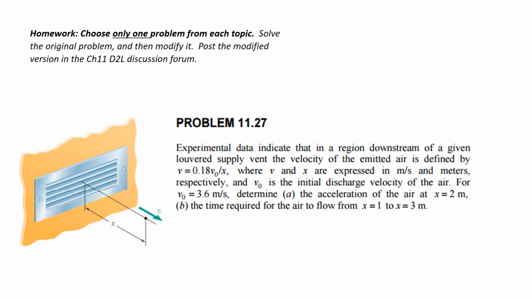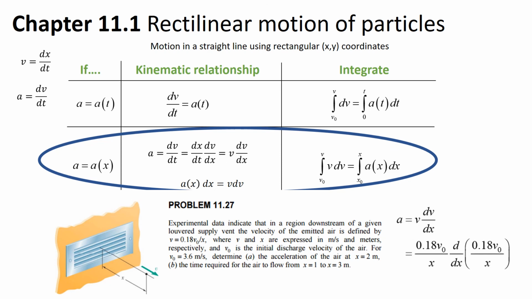Here's another problem. So in this case, we have velocity and position. What would you do if you had a combination of velocity and position? And what we're asking for is acceleration and position. We have time and position. For this case, we're interested in what's happening with the position.